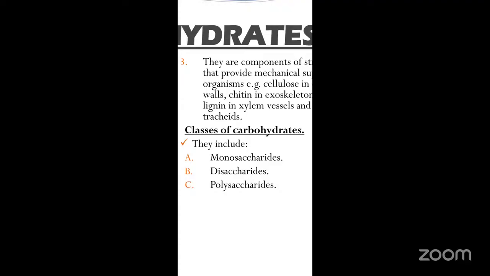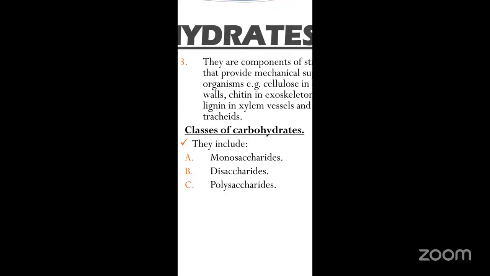So therefore it is true to say that the simplest form of a carbohydrate is a monosaccharide. Why? Because when we take one monosaccharide and combine it with another, we form a disaccharide, which is made up of two monosaccharides. And then when we combine more than two monosaccharides, we form a polysaccharide.